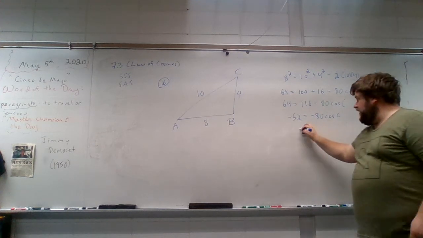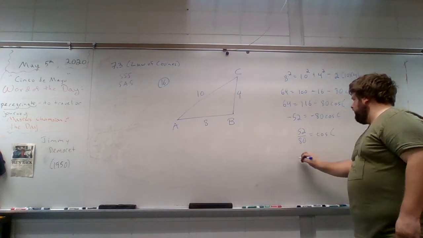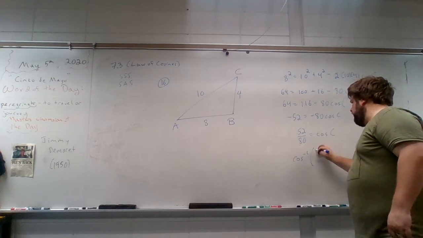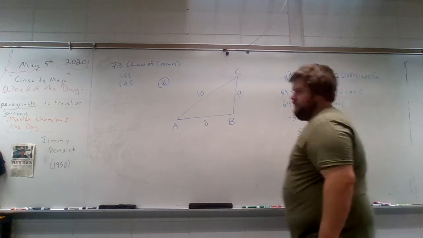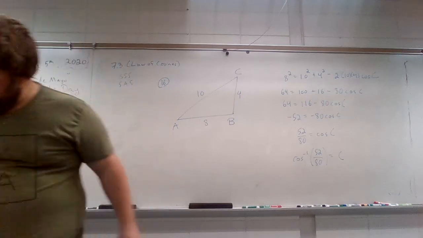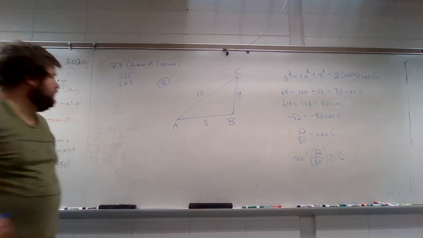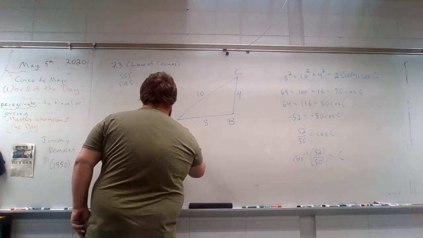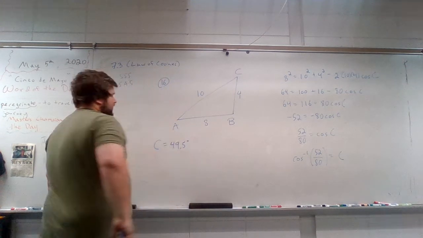Divide by the negative 80, I get 52 over 80 equals cosine of C, and then I would do the cosine inverse. I'm in degree mode, and that will get my angle C here. So cosine inverse of 52 divided by 80 is 49.5 degrees. Yeah, that's most accurate.